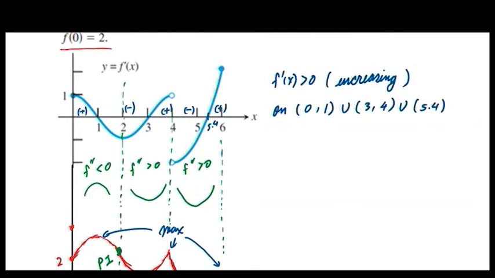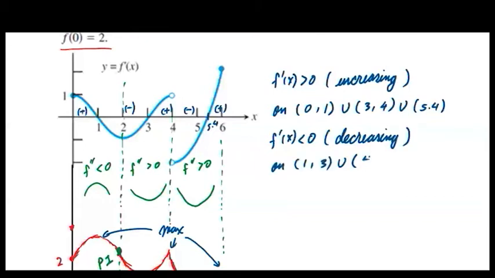And then f prime of x is negative, meaning it's decreasing on the other places: between 1 and 3, union with 4 and 5.4. You with me so far?